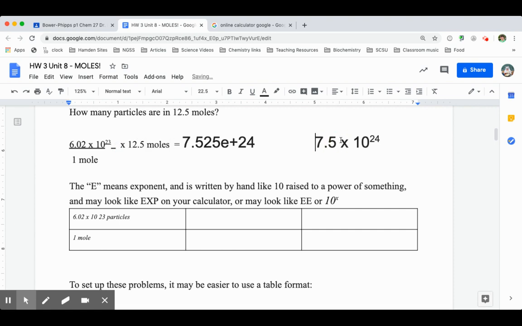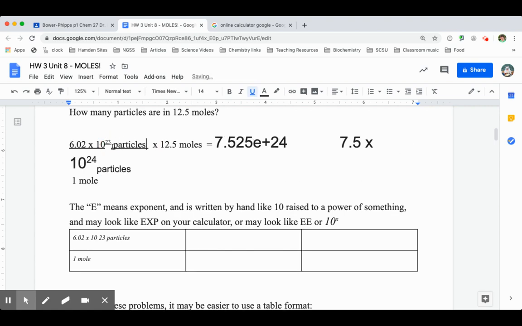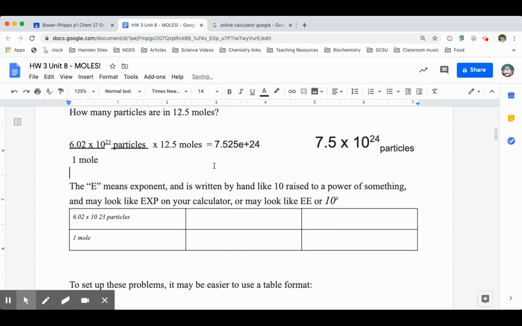All of these are particles. So these are set up like fractions. There are this many particles in 1 mole, just like we can say that 12 inches are in 1 foot.